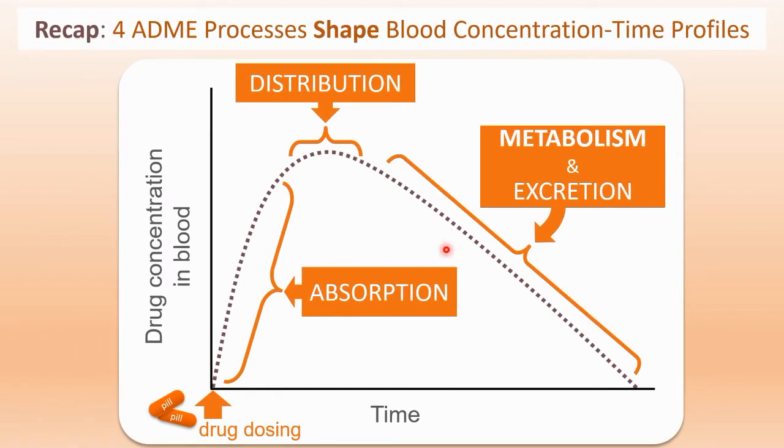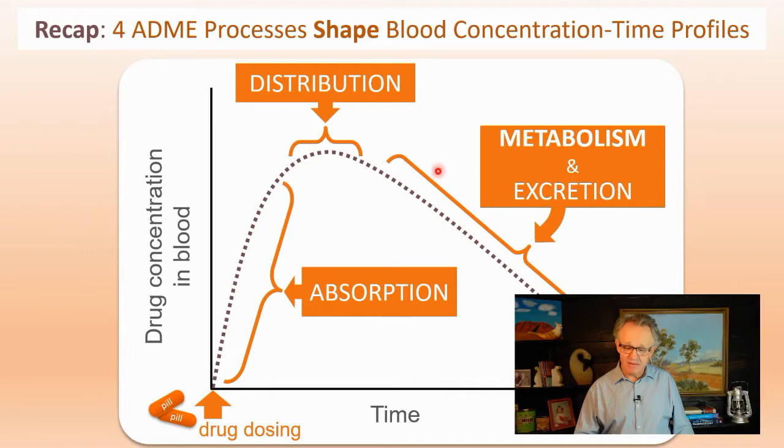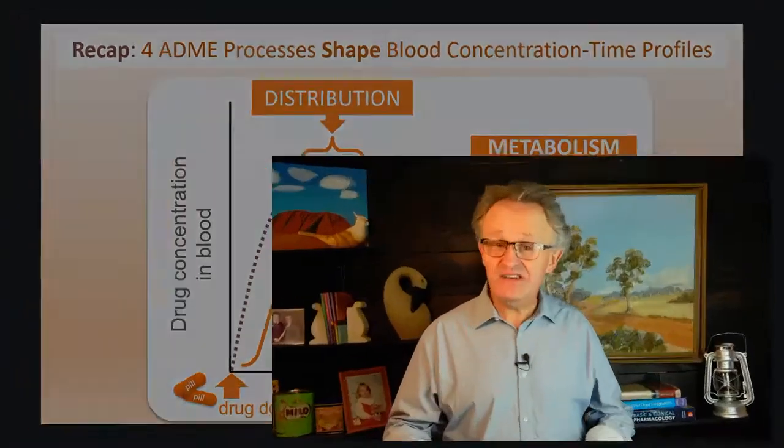How readily and how much affinity a drug has for a metabolic pathway has a lot to do with how quickly blood concentrations fall, and that determines how often you need to give fresh doses of the drug, whether you give it every 8 hours, every 12 hours, every 24 hours, every 48 hours, has a lot to do with how efficiently the drug is metabolized by enzymes in the liver.